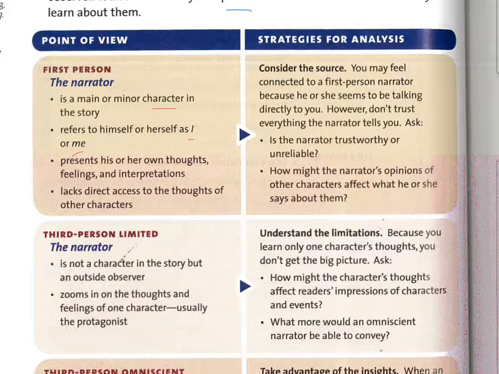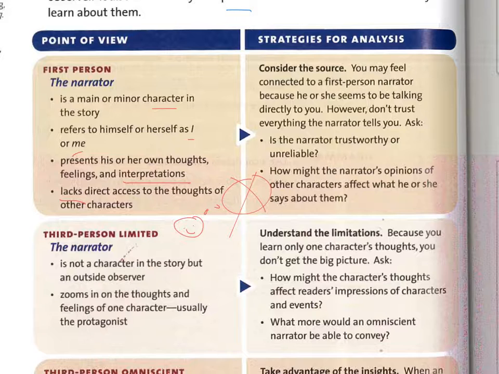The narrator presents his or her own thoughts, own feelings, and their own understanding or interpretations about what's going on. And the narrator lacks direct access to the thoughts of other characters. Okay, so the narrator doesn't know what's in the other characters' heads. That's first person.